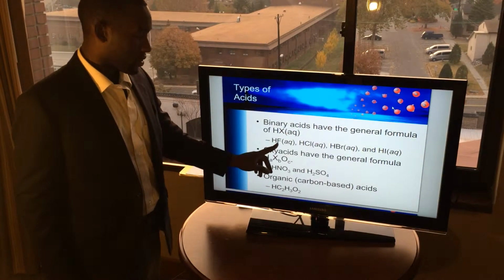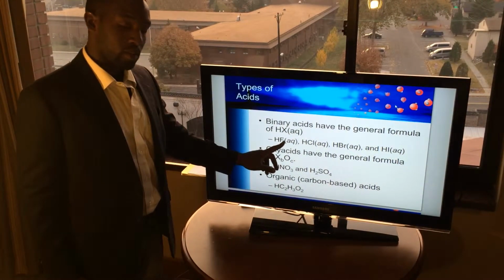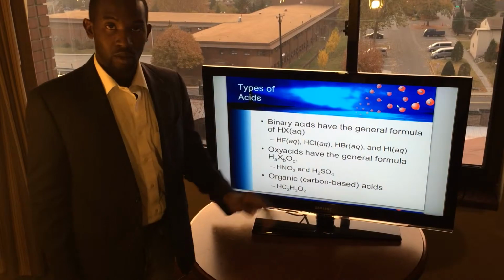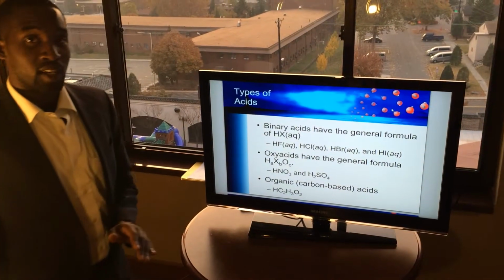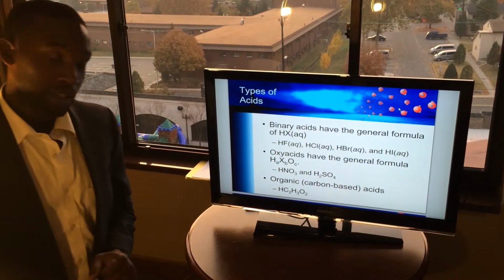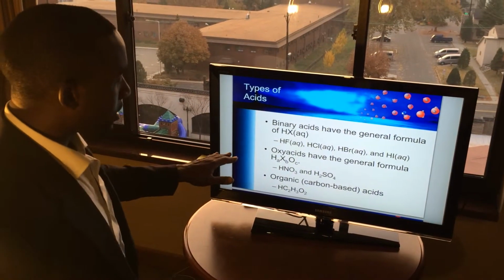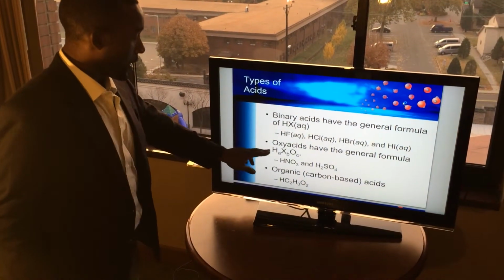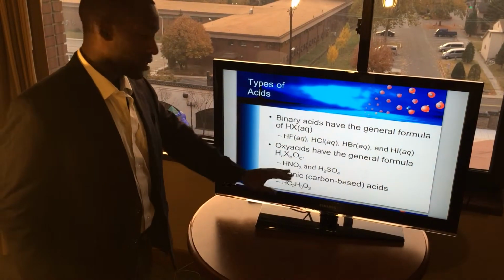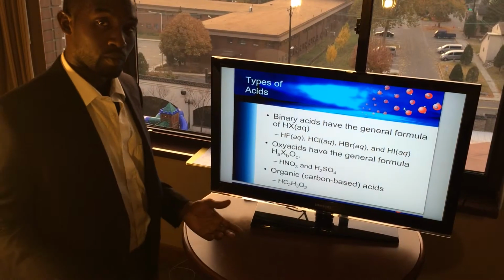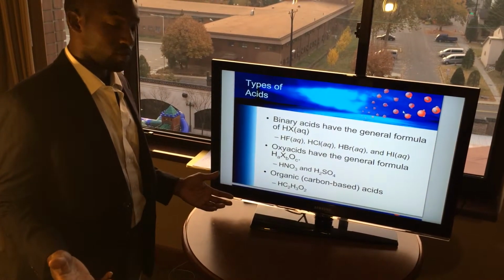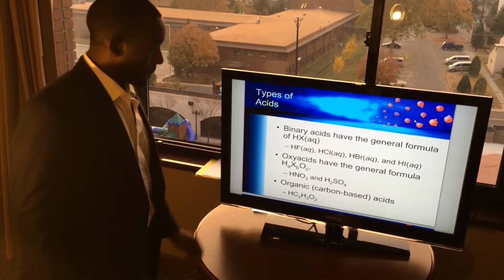So, if it's fluoride, you have hydrogen fluoride, hydrogen chloride, and so on. A different type of acid would be the oxyacids. So oxyacids have the general formula HXO, right? And these will just be subscripts to denote different quantities of each of the constituents within the molecular formula.